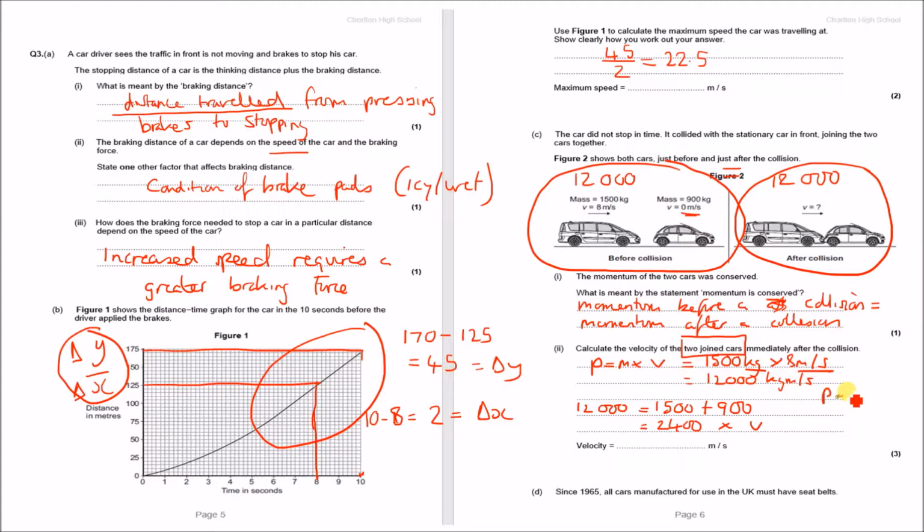So if P is equal to M times V, then we know that V is equal to P divided by M. Our momentum is 12,000. Our mass of both of them joined together is 2,400. So we're going to do V is equal to 12,000 divided by 2,400. And that will give us our answer. And that is equal to 5 meters per second. Okay.